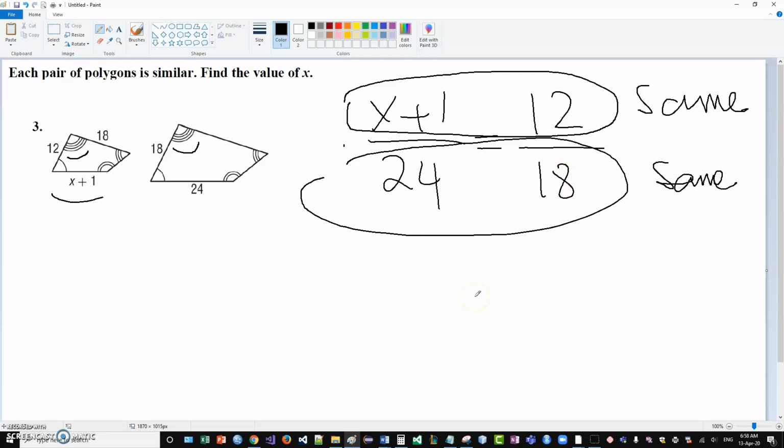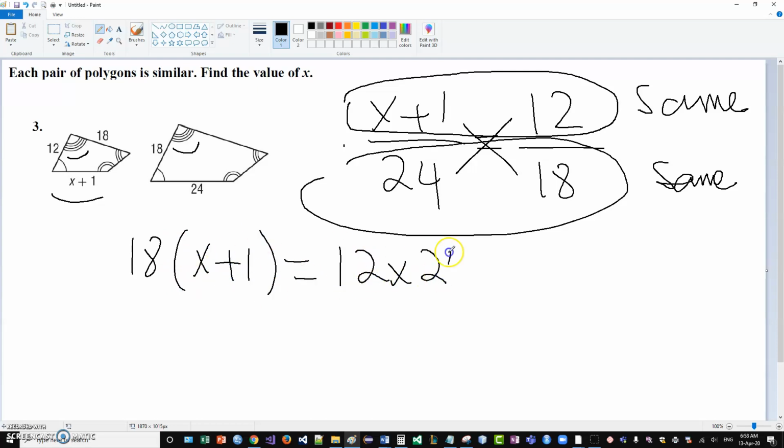Now let's do cross multiplication: 18 times x plus 1 equals 12 times 24.